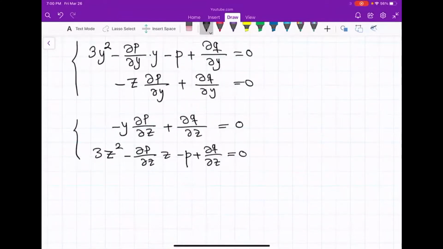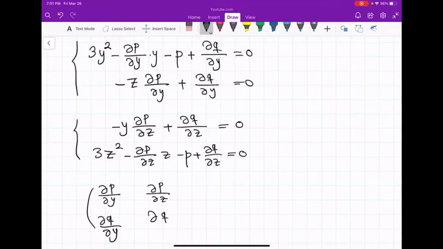And what do they have to do with the derivative of phi? Well, the derivative of phi, remember, is partial p partial y, partial p partial z, partial q partial y, and partial q partial z, right?